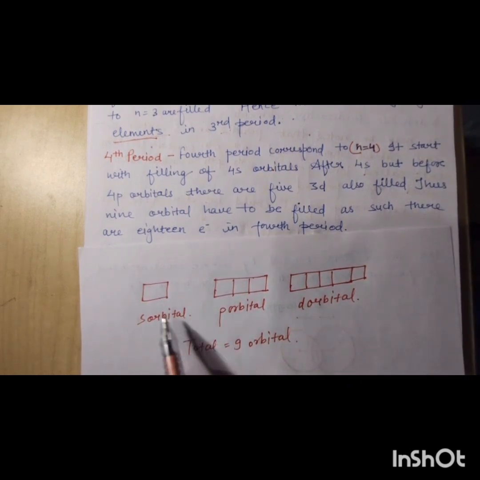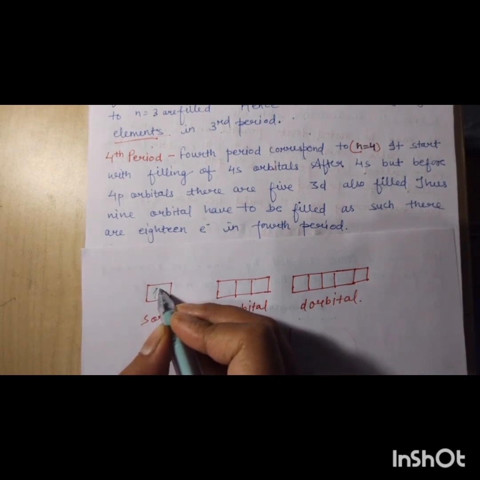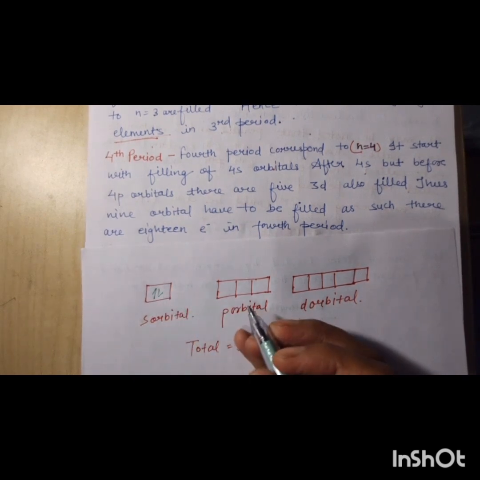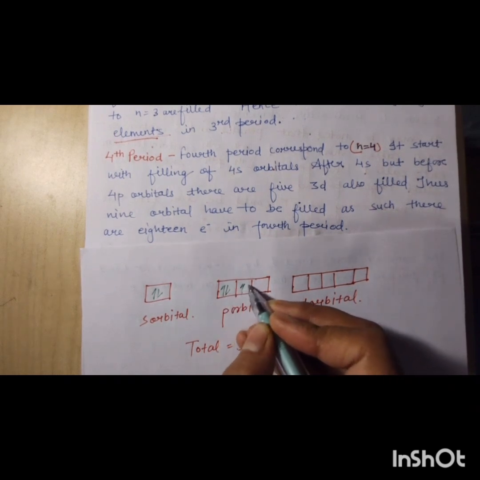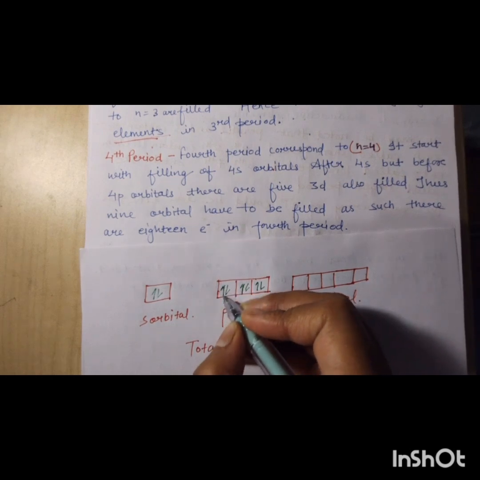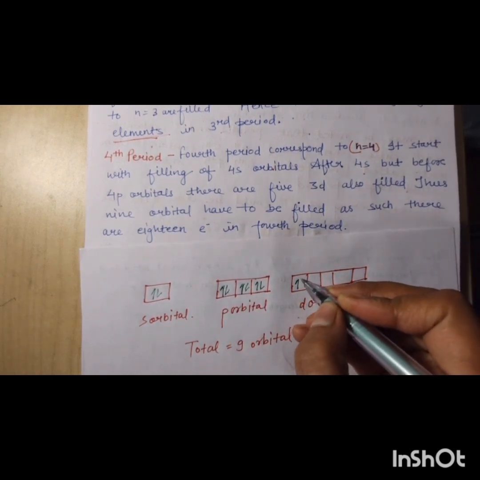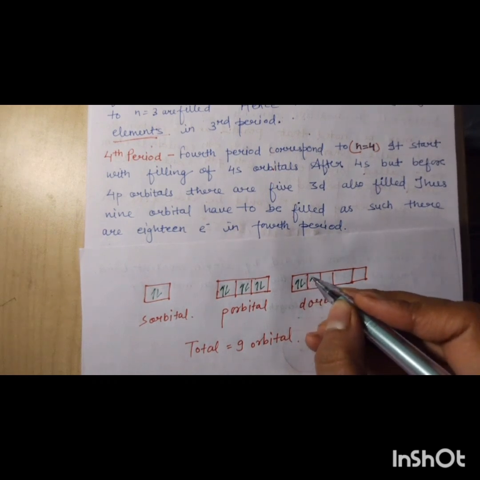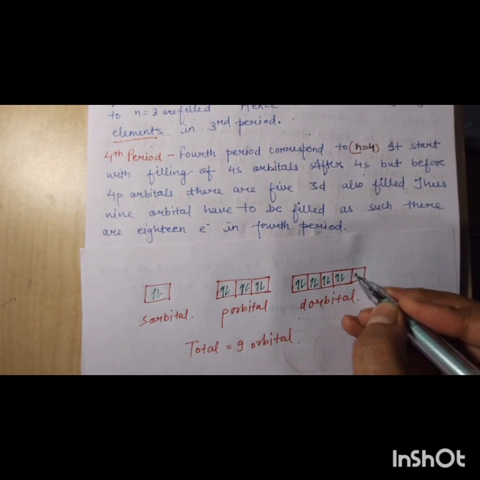Now if we fill the electrons in each orbital, the s orbital's maximum accommodation is 2, and the p orbital's maximum accommodation is 6, one clockwise and another anti-clockwise, and the d orbital has a maximum accommodation of 10 electrons.